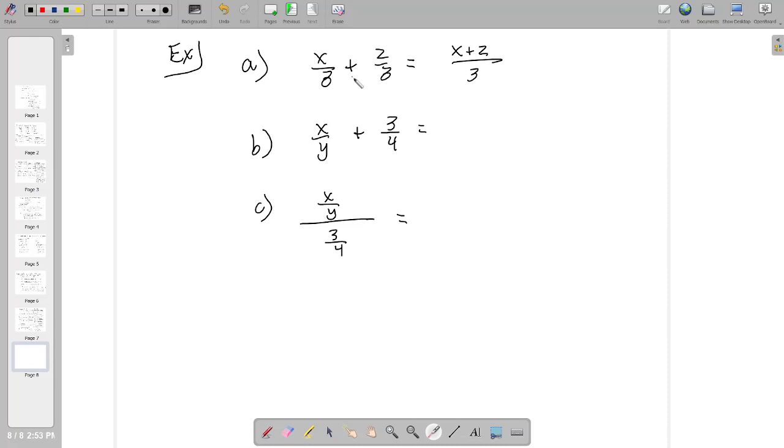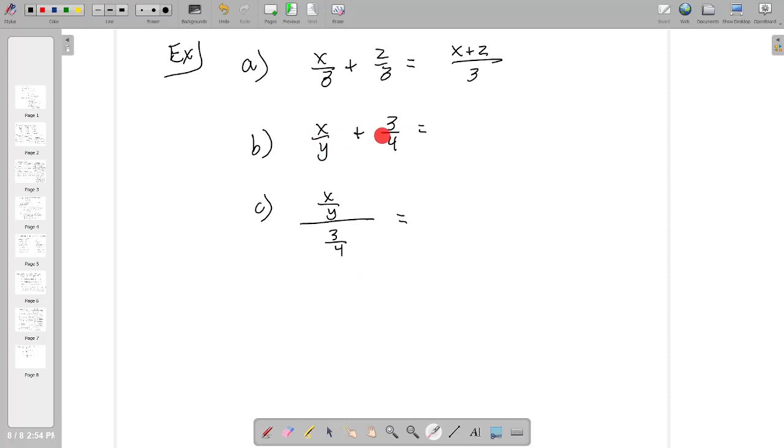Most of the time, we will be going from left to right for this type of problem. But every once in a while, it will benefit us to go from the right side to the left side, and we'll be able to break up a fraction into 2 fractions over a sum in the numerator. Now, you can't do that in the denominator, but you can do that in the numerator.